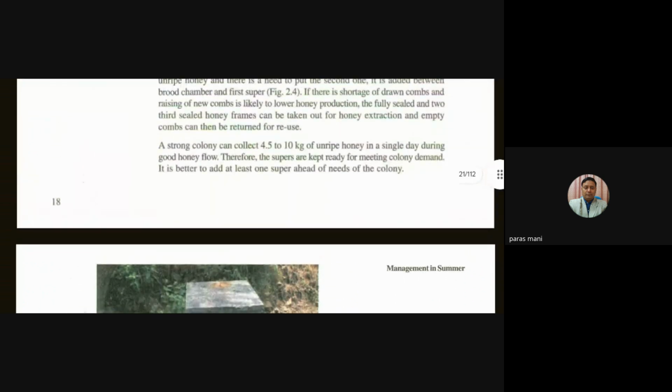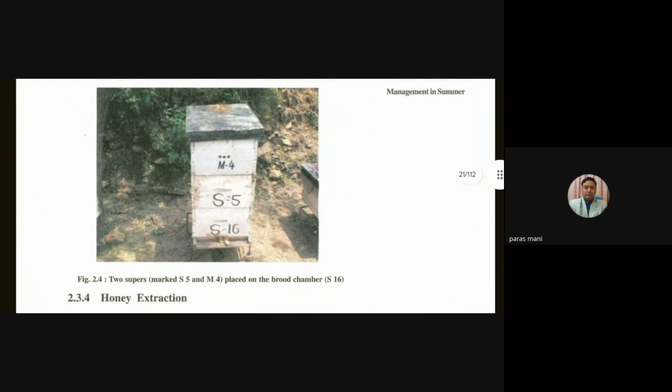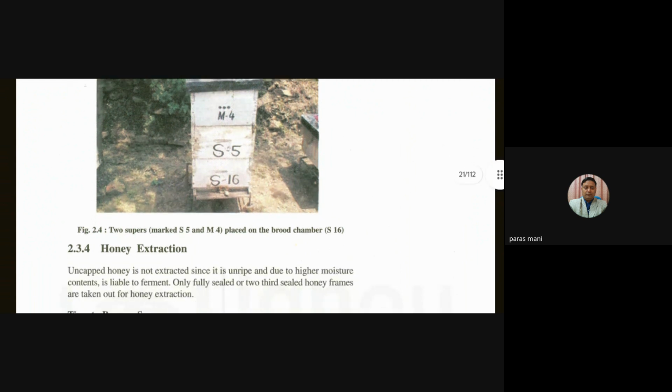After complete ripening of honey, each cell will be capped by the workers, and if at least 80% of the comb cells are capped, then you can take it for harvesting. Usually 100% of the cells will not be capped because some cells will be left on the edges.